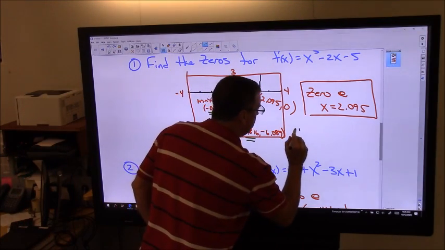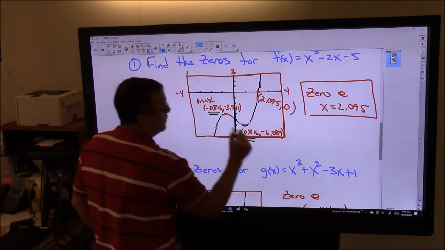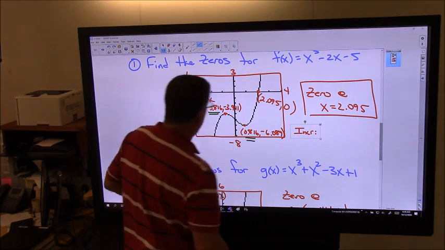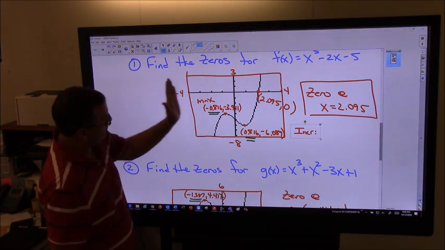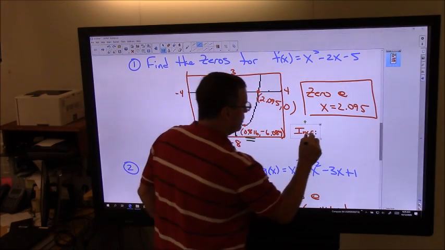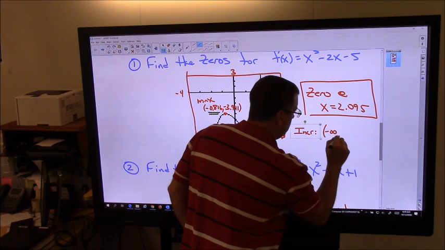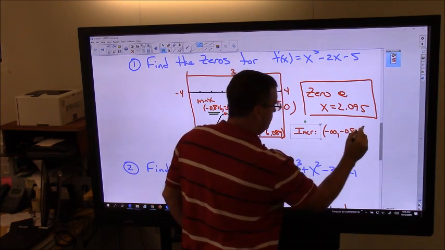So where is this function increasing? From -infinity, because see it's going up here, so from -infinity all the way up to this x value, which is a -0.816. So -infinity to a -0.816.